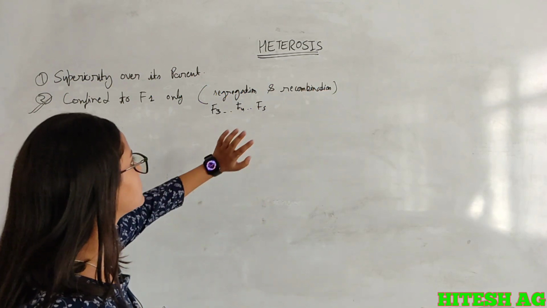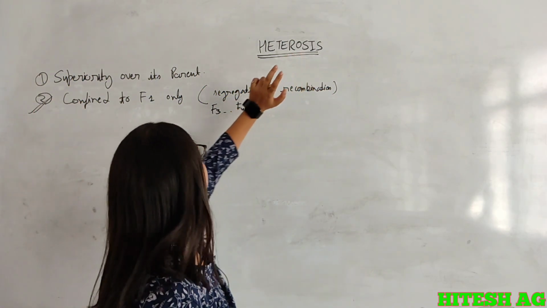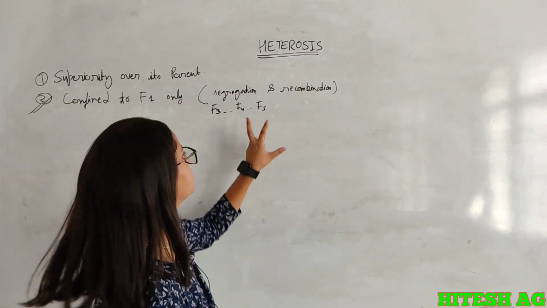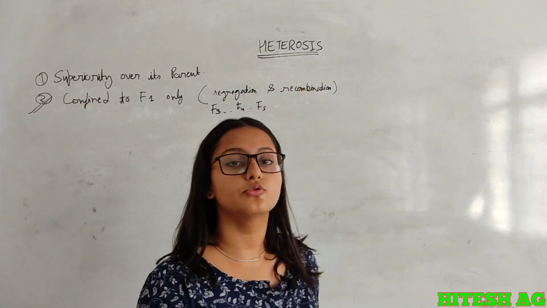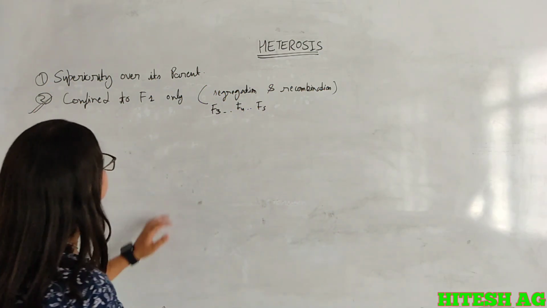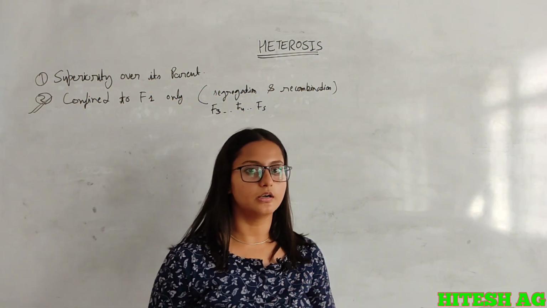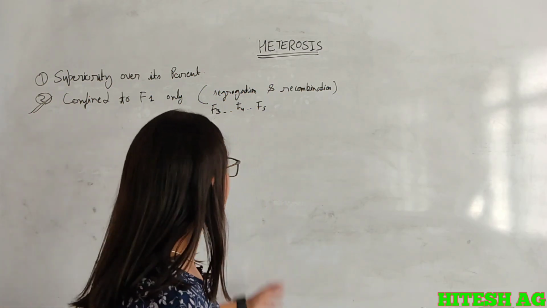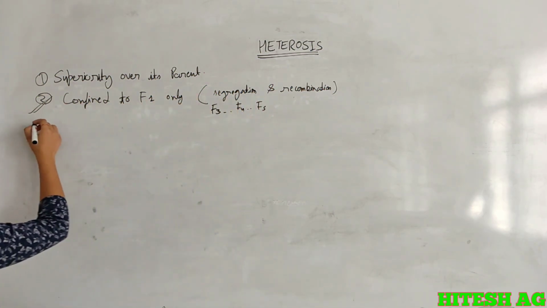Which means the desirable gene combination that we have for heterosis in F1 gets shuffled in F3 or F4 generation due to recombination. So we lose that character, or that desirable combination. This is also the reason that we cannot use our hybrid seeds in subsequent generations. So the farmer needs to repurchase new seeds every generation. So this is the main reason: segregation and recombination.